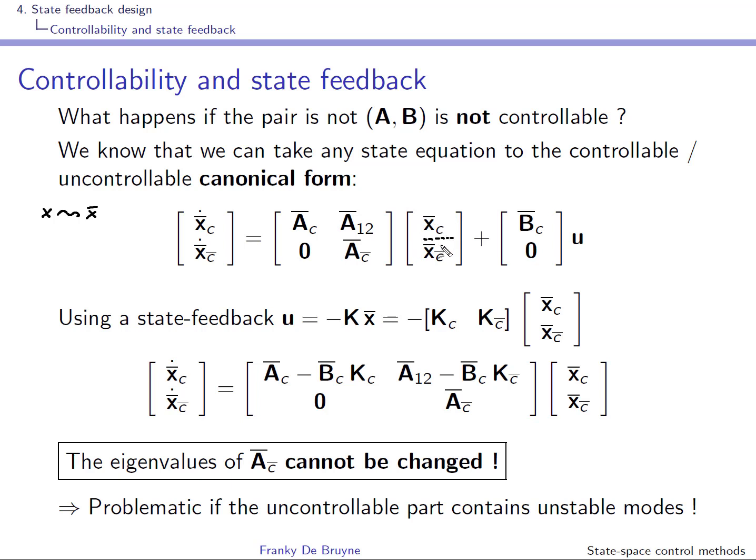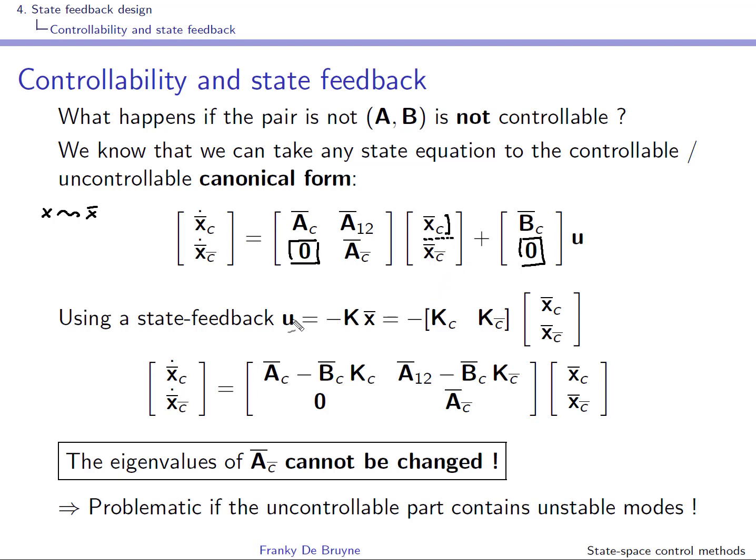This state is controllable and this state is not. Remember that this state is not controllable because of the presence of the zero over here. It cannot be influenced by the input and, because of the zero over here, it cannot be influenced indirectly through this part of the state.